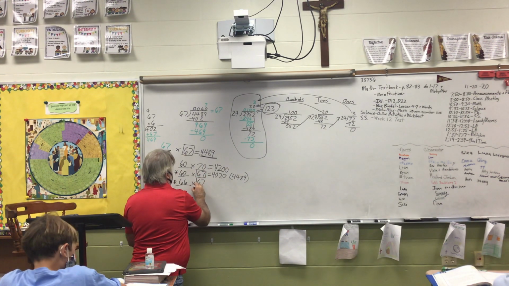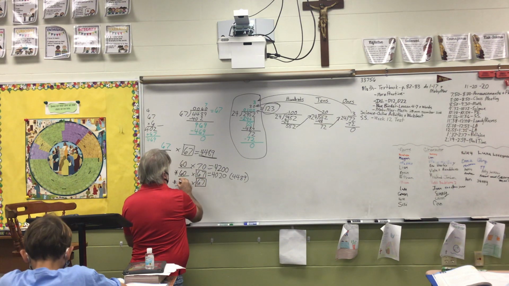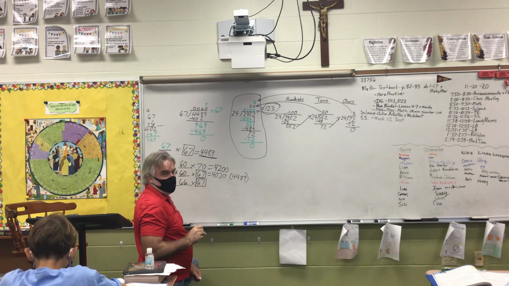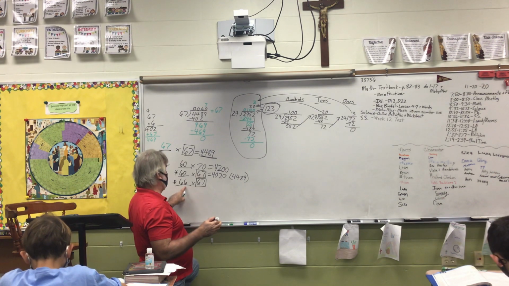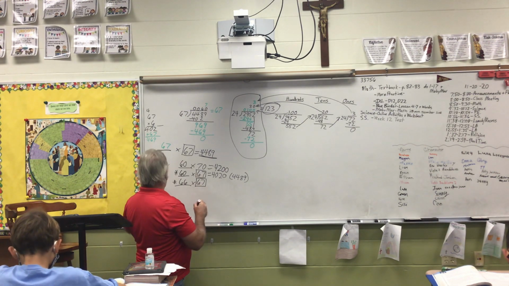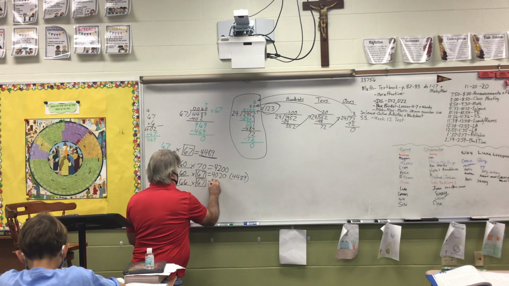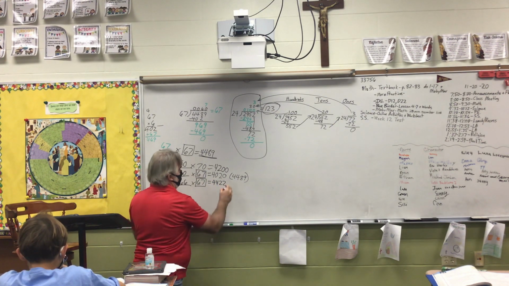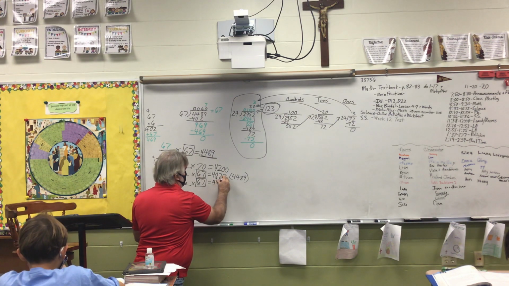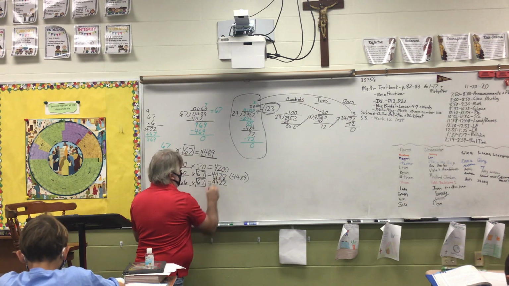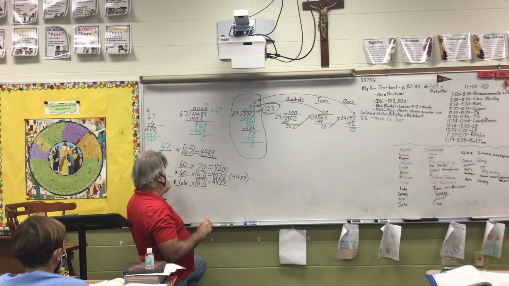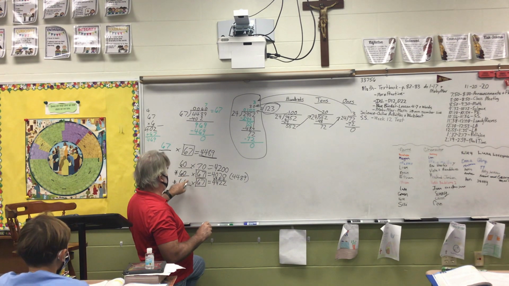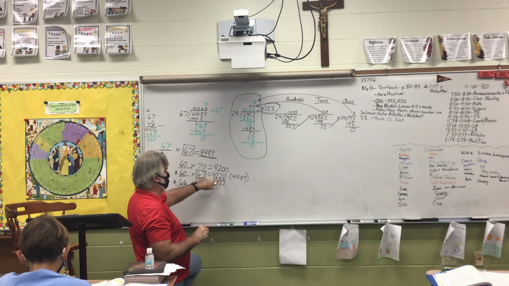So if I leave this 67 alone and I change the 60, which was an estimate, to a 66, I end up with 4422. Because I'm basically adding 402 to this. Because I know that going from 0 to 6 times this is 402.